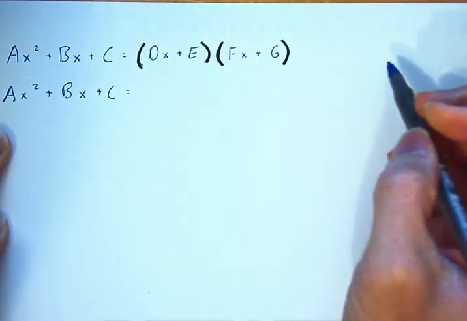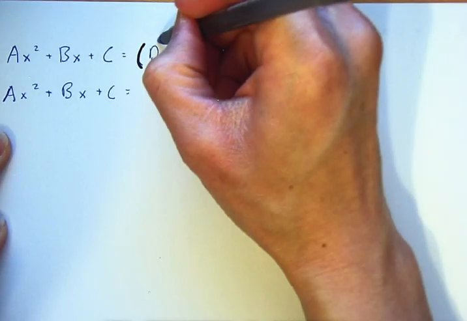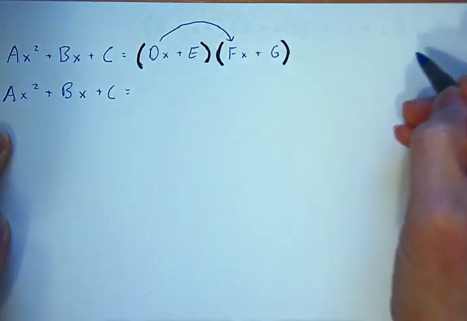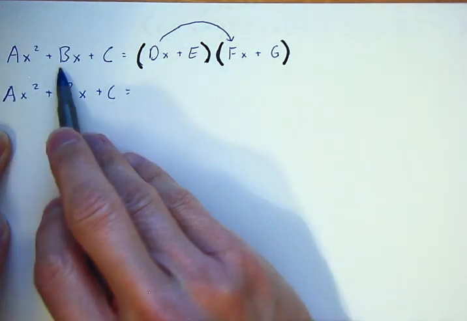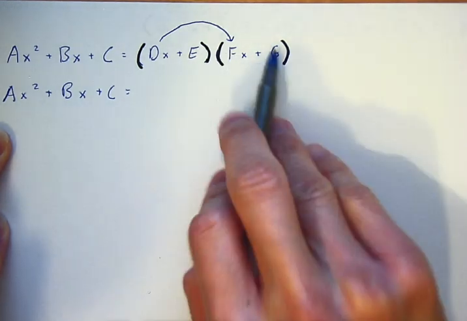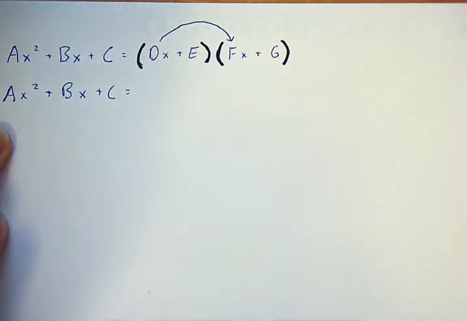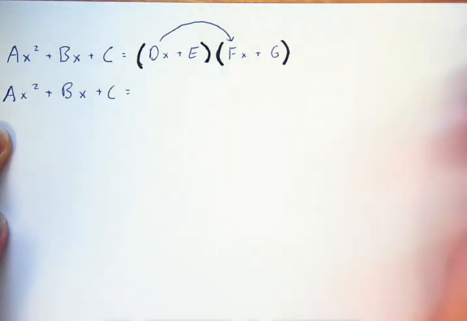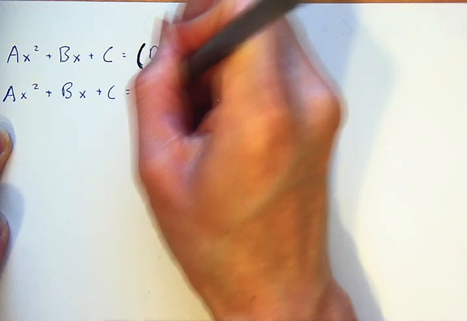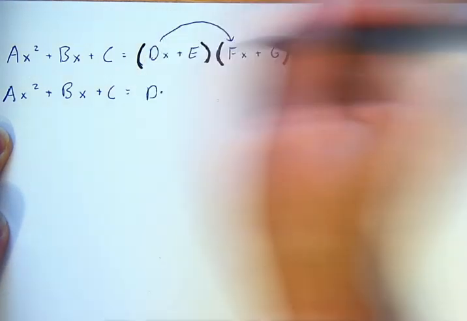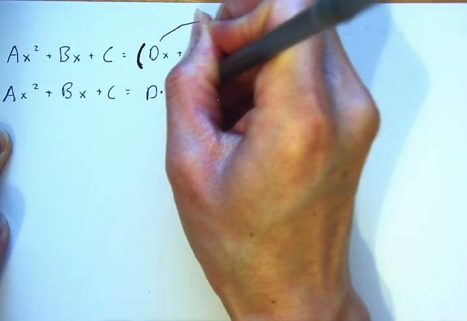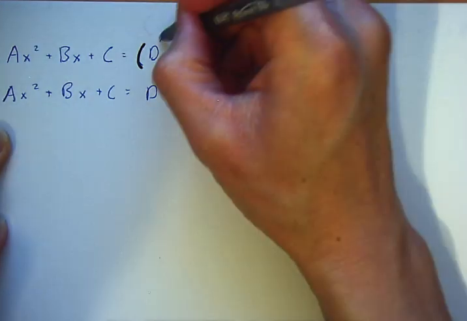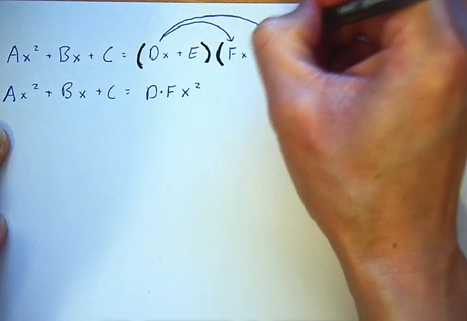Okay, so if I have dx times fx, once again, these a, b, c, d, e, f, g are numbers. So if I had dx times fx, that would equal d times f x squared. Okay, and then you go dx times this one here.